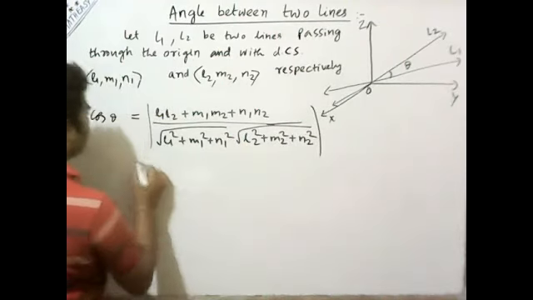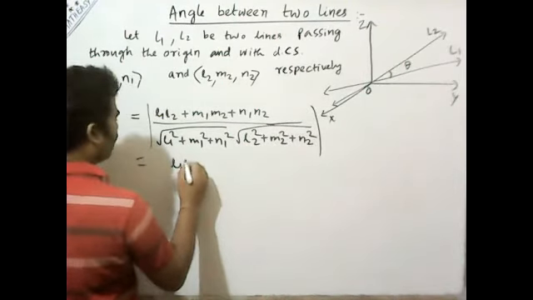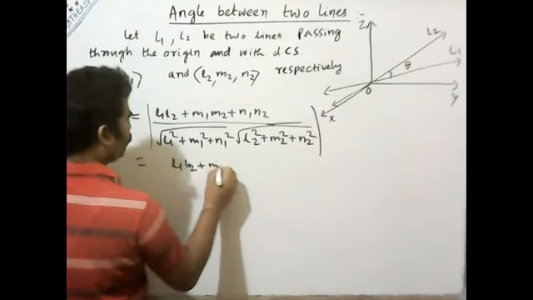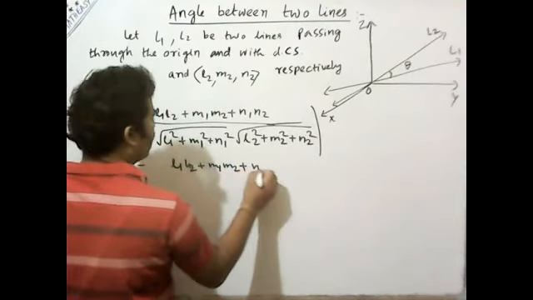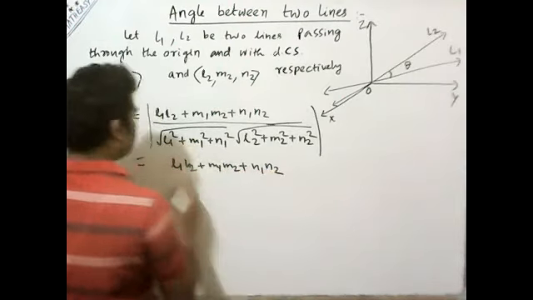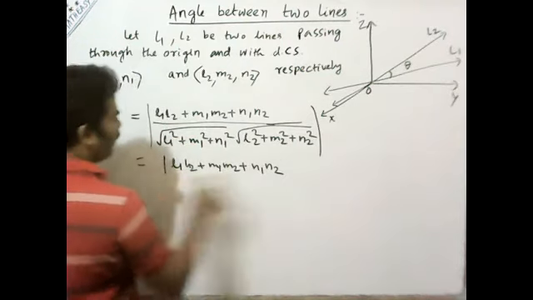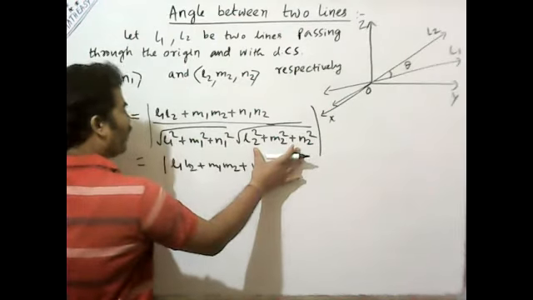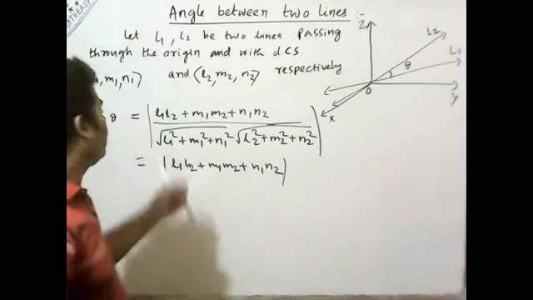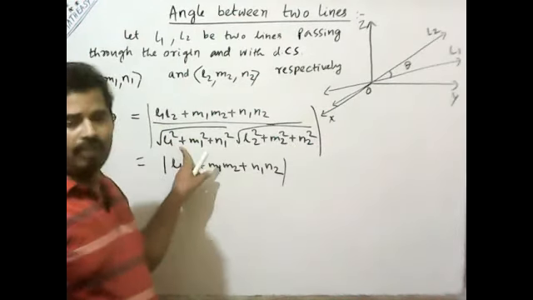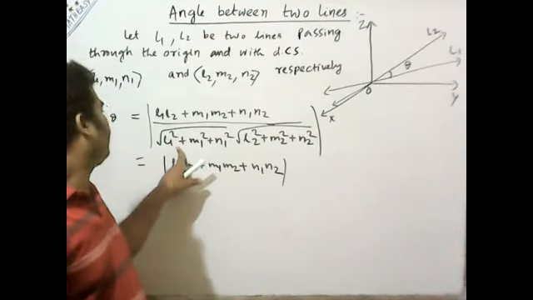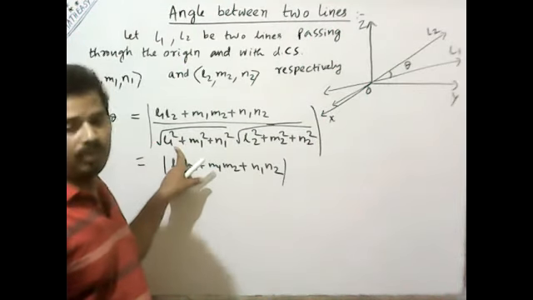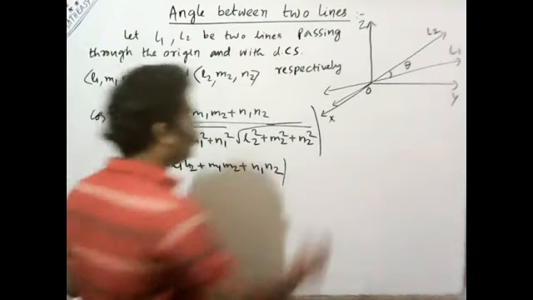The whole magnitude, same concept. What value comes? L1 L2 plus M1 M2 plus N1 N2. Simple funda. The denominator value comes 1, because we know that the square sum of direction cosines is always 1.